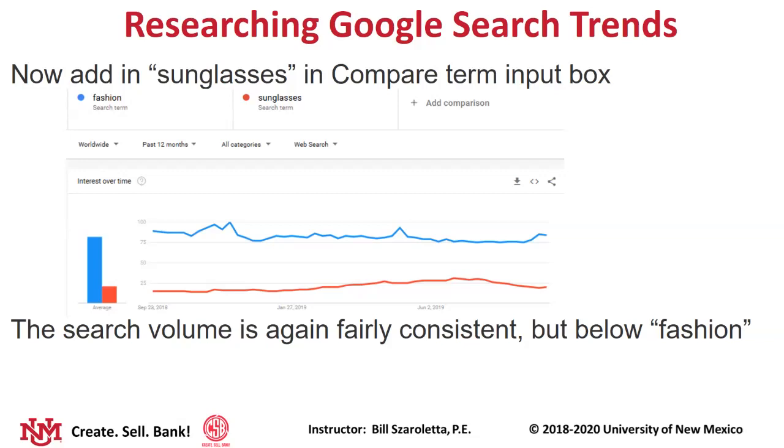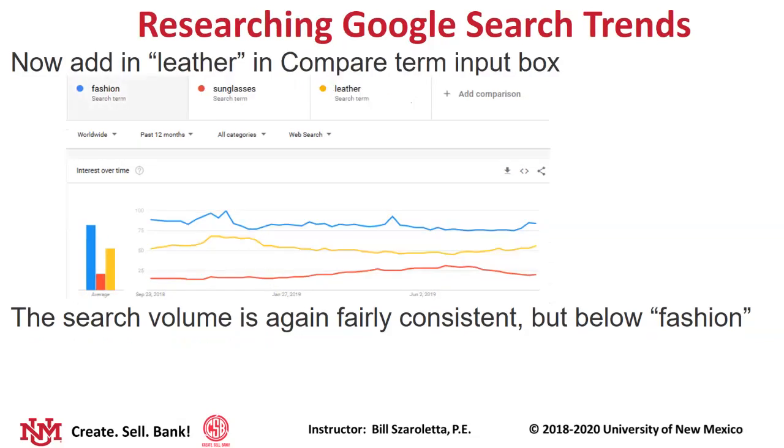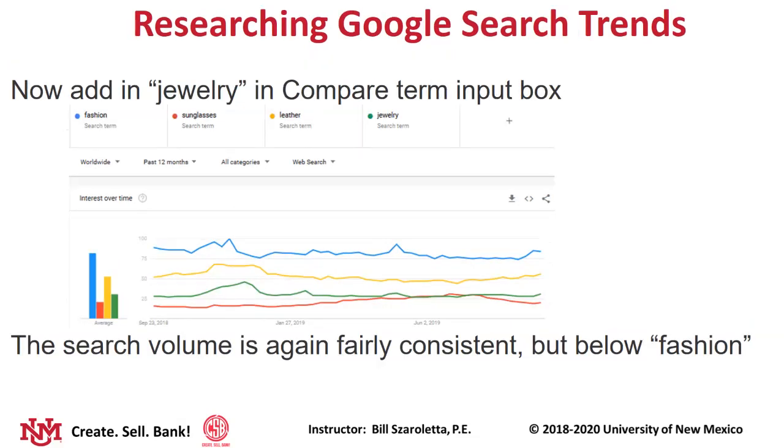And again, that gives you a 12-month opportunity. Well, let's add in leather, and that now shows up in yellow. And you can see again, that is flat. And we'll decompose this later. And now we add in jewelry in green. So all four of those are relatively flat.